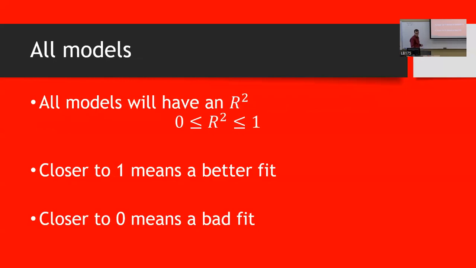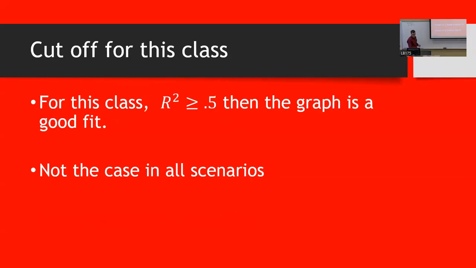That's all that is. But in all models, we'll have this R squared. In every model that we deal with in our class, we'll have an R squared with it. And like I said, closer to 1 is a better fit. Closer to 0 means a bad fit.